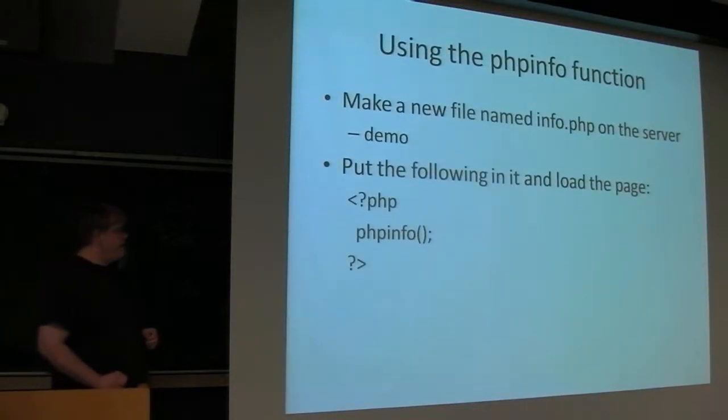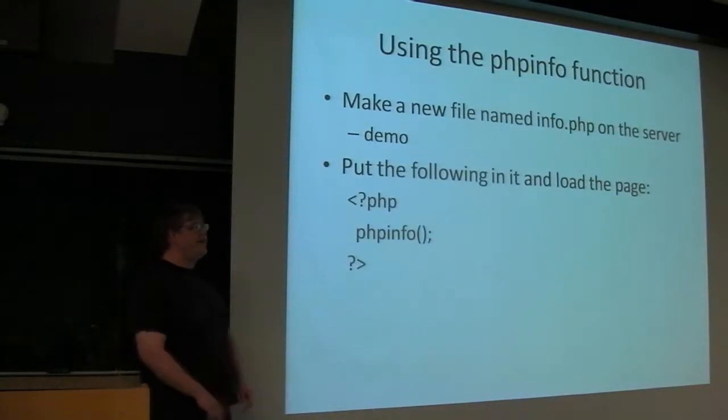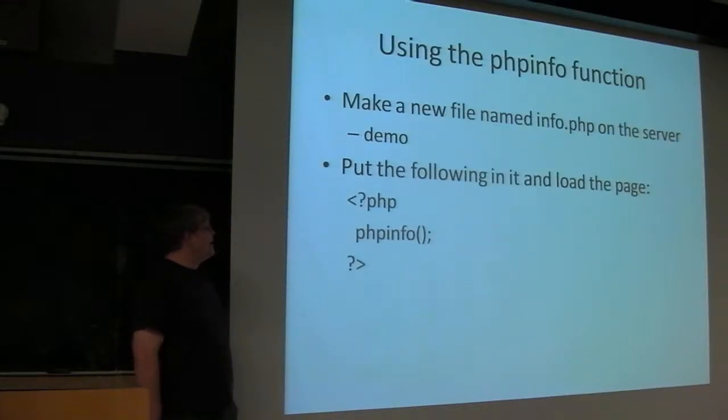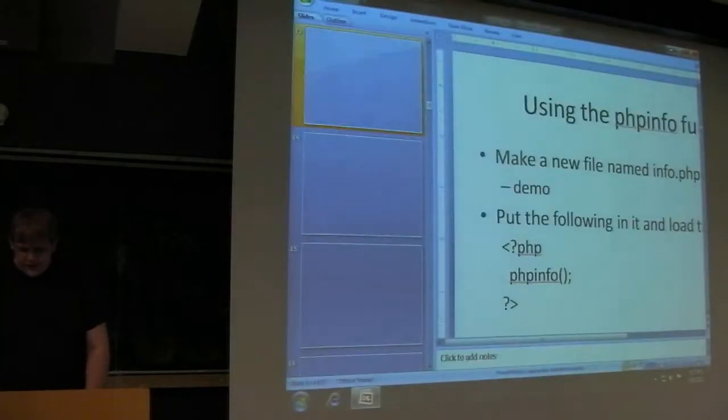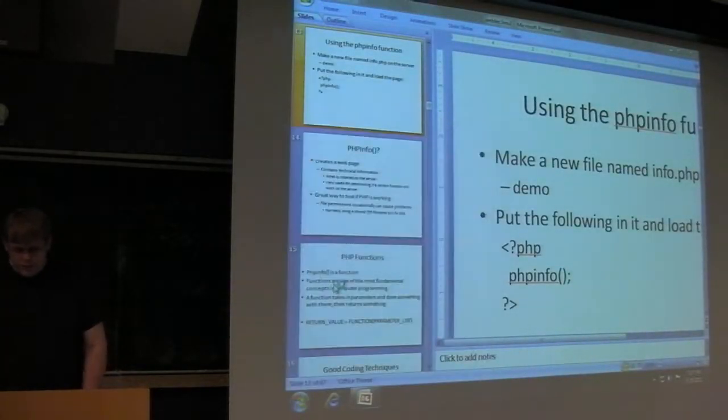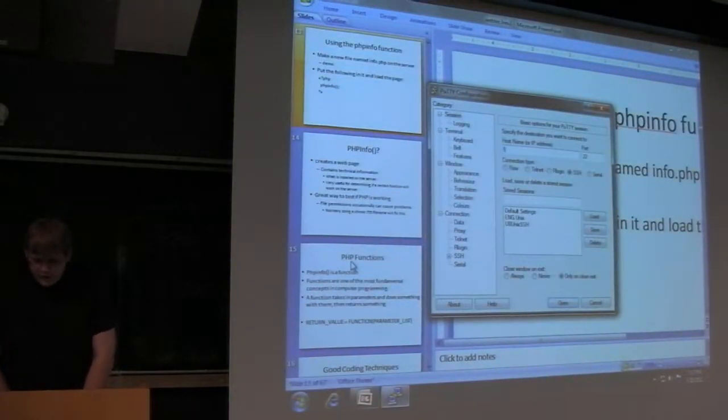The PHP info function is very useful if you need to know what the server has on it. So at this time, I want to see if PuTTY is installed on the system. Yep. And I want to show you what the PHP info function looks like.